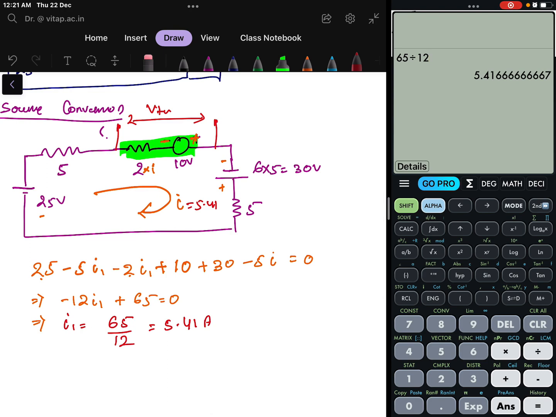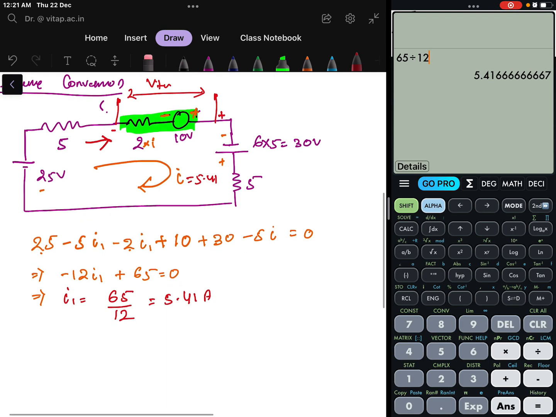So see here, the current is flowing in this direction. Okay, so for that what will be the voltage? Here it will be negative, here that will be positive, then only we will get the VTH like this. So your VTH is equal to how much? Minus 2 into this current, 5.41, plus 10.